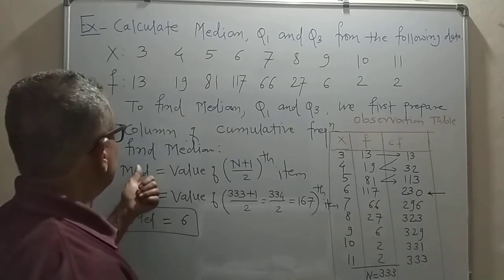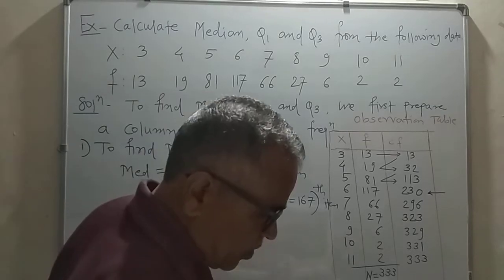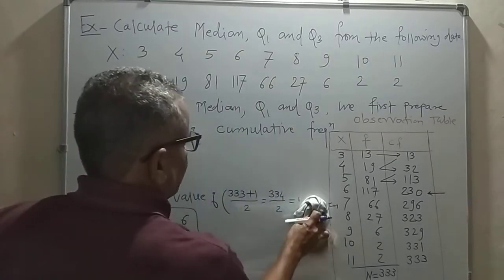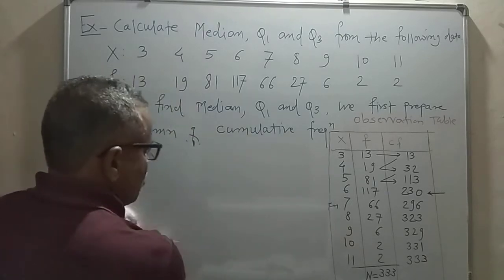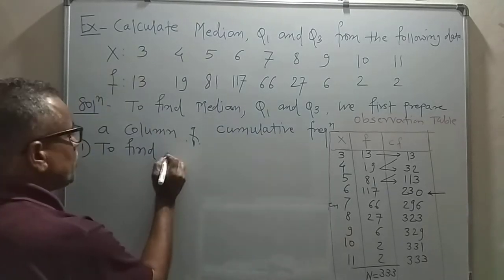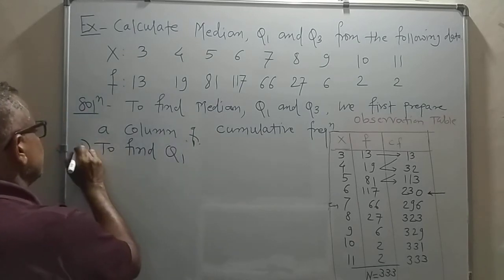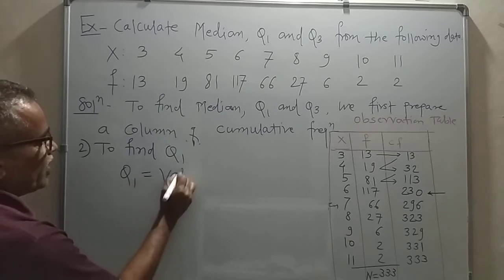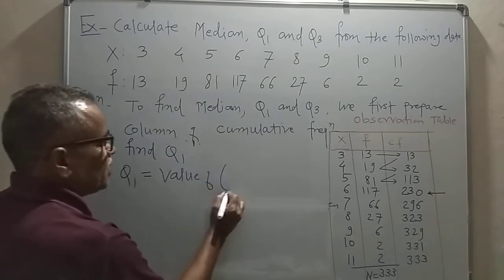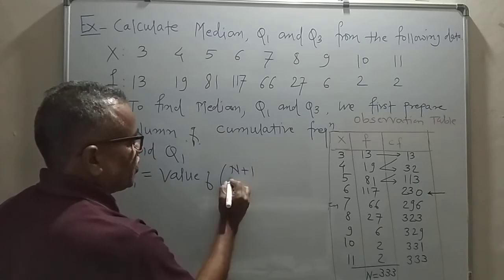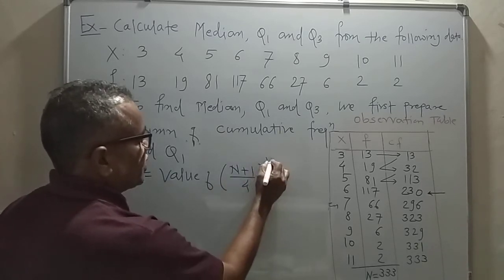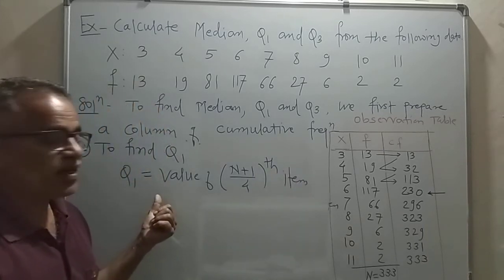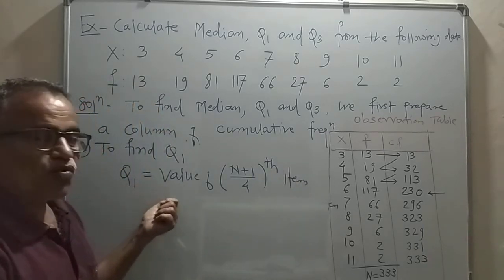Similarly, we compute the first quartile and third quartile also. To find the first quartile, we use the formula. Quartile means the data is divided into 4 equal parts. So Q1 is equal to the value of (n plus 1) divided by 4 th item, because we compute quartiles, and a quartile is nothing but the data divided into 4 equal parts.